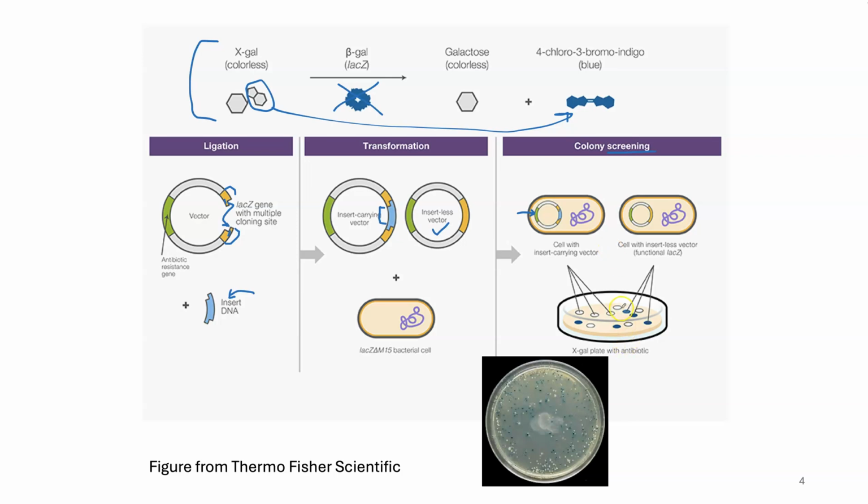And then we do what is called screening. We look at the colonies we got, and we use the color as a way of telling us, here's one that probably has an insert, and here's one that probably has what we call empty vector. It does contain a plasmid because of the antibiotic resistance, but it's very unlikely that this one has an insert, right? And this is just an image that shows what that looks like.